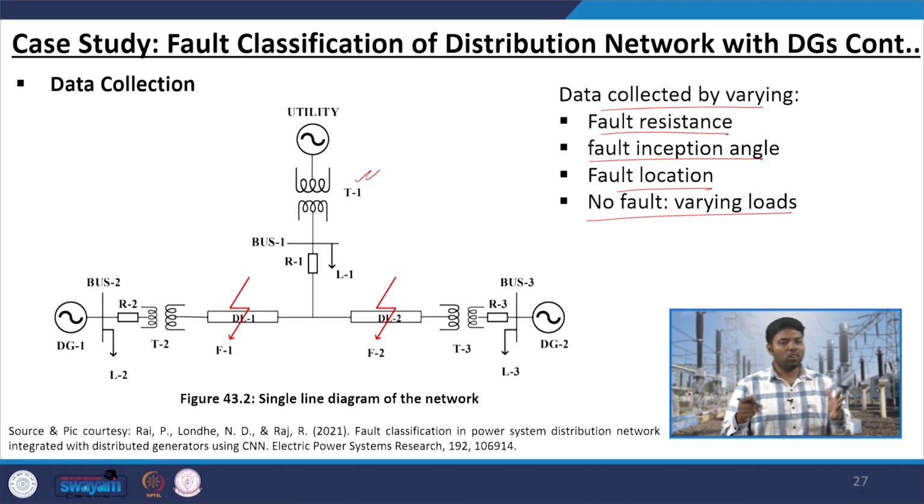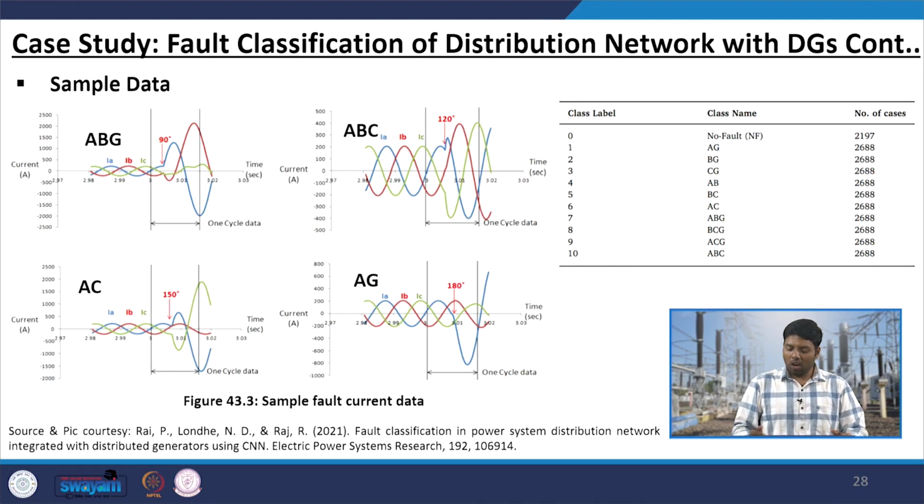With that you collect a huge data set of different class labels, in total 11 class labels: no fault, 3 single line to ground fault, 3 double line to ground fault, 3 double line fault, and 1 three phase fault.